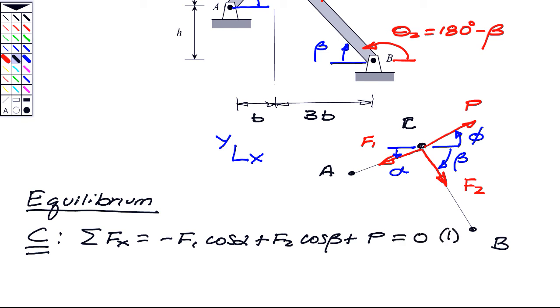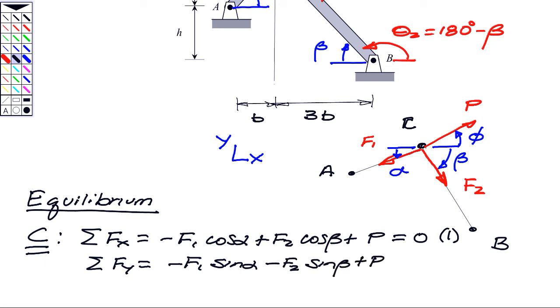That's going to be our equation 1. Equation 2 is going to be summing forces in Y. So that's minus F1 sine alpha minus F2 sine beta plus P times sine of phi.